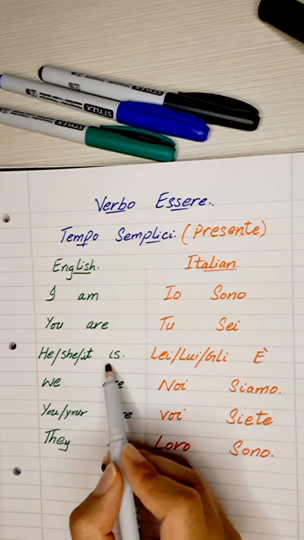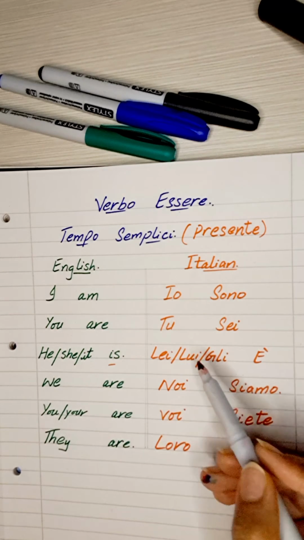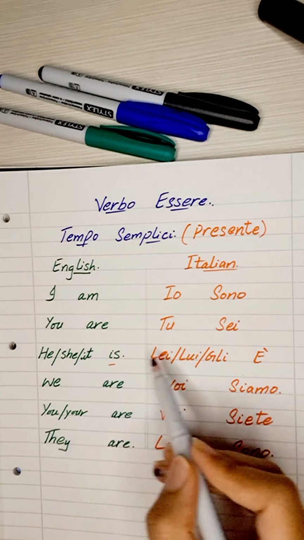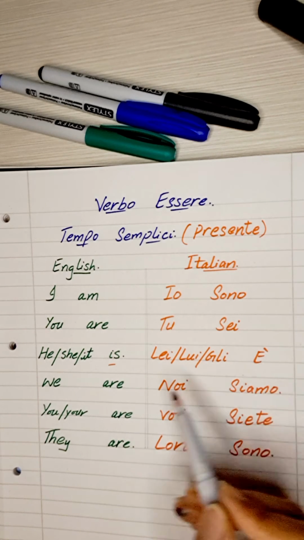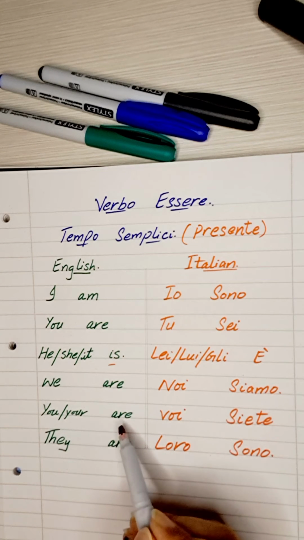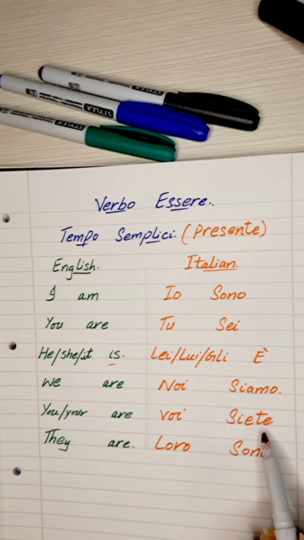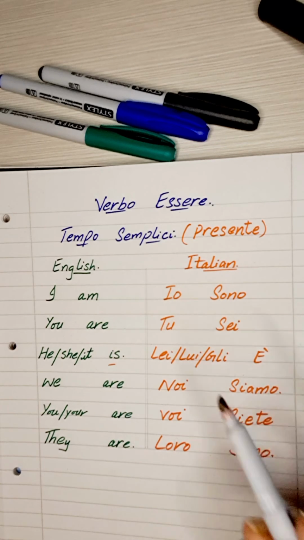We use is for he, she and it. But in Italian we use lei, lui, è. We are, noi siamo, you are, voi siete. They are, loro sono. Let's repeat.